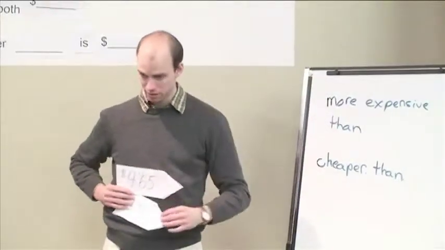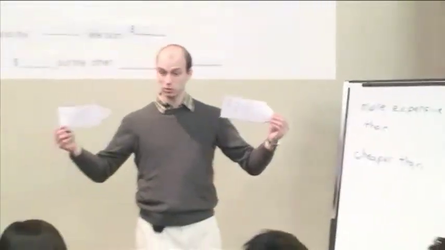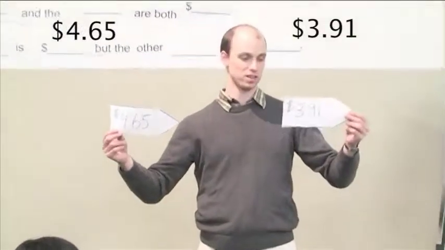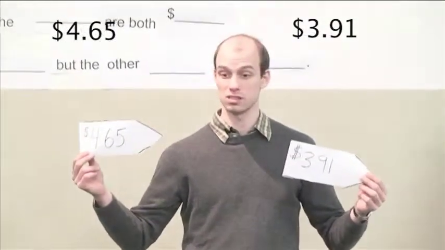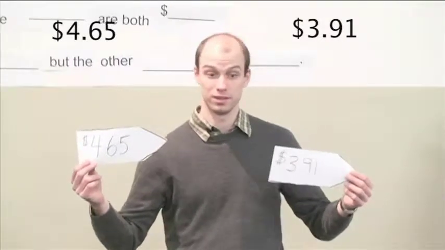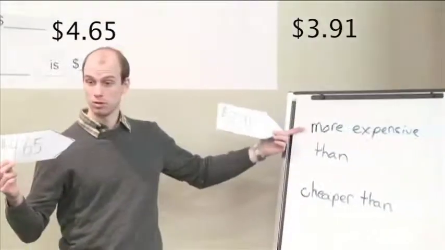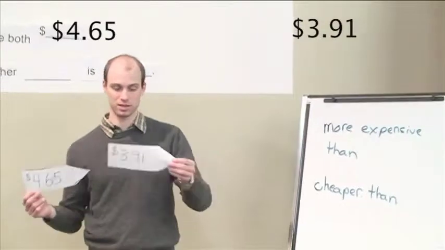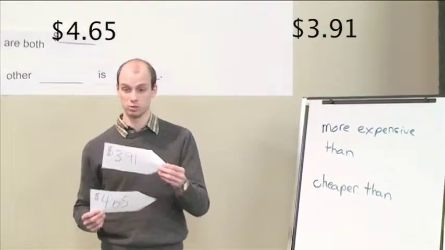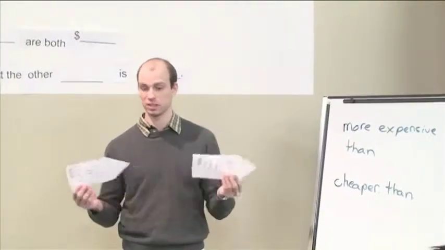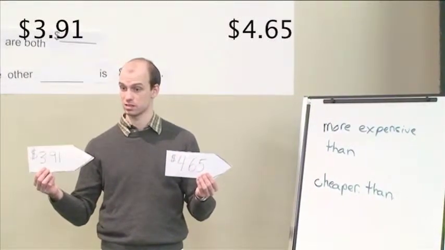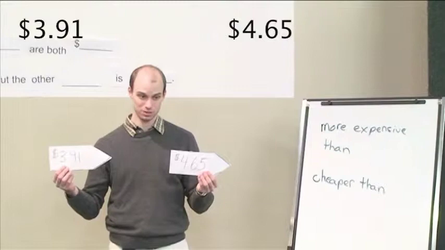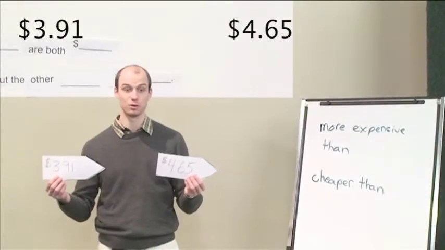So if I want to compare these two prices, what goes in the middle? $4.65, $3.91. $4.65 is more expensive than $3.91. Okay. How about if I did it like this? $3.91 is cheaper than $4.65.